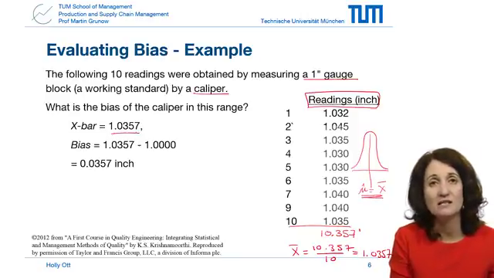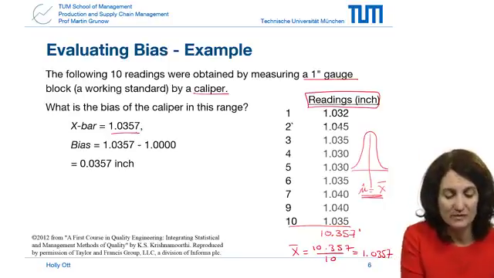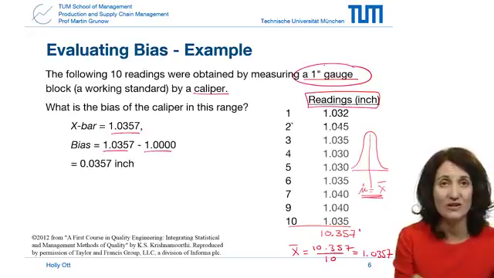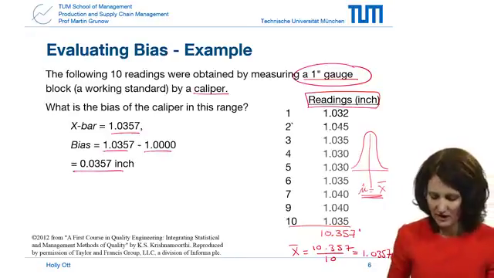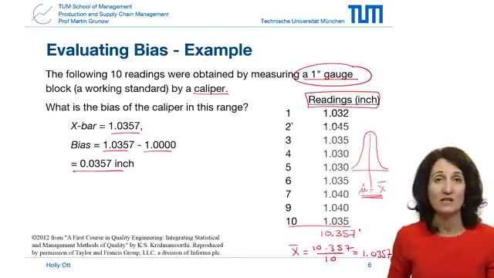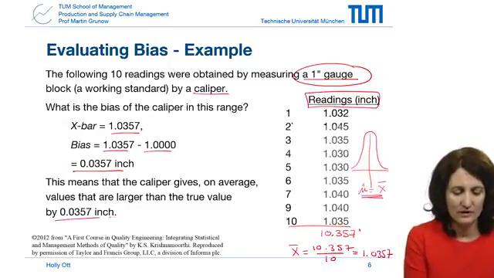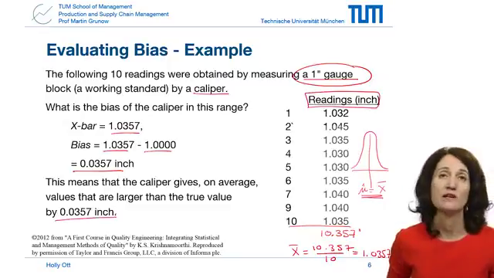So bias is the difference between this measured average and the real value, the true standard value. So we get that the bias is 0.0357 inch. And this means that the caliper gives on average values that are larger than the true value by 0.0357. So you should be able to calculate bias given a set of measurement values and a standard.